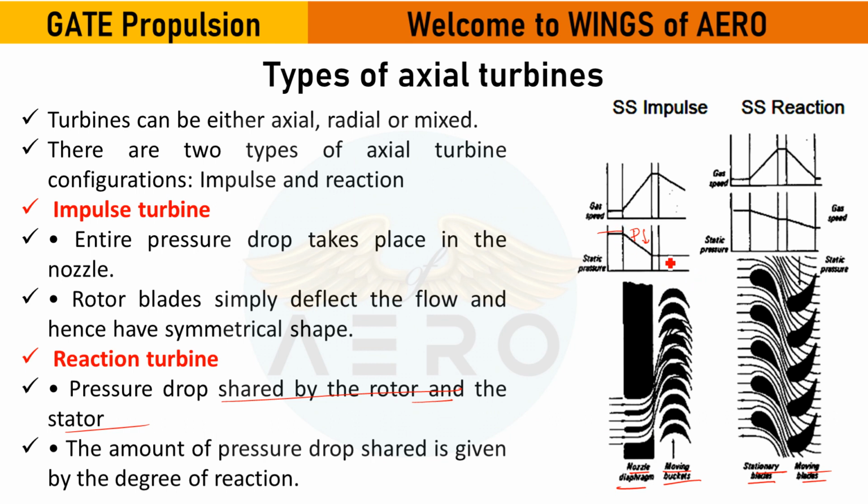After it moves across the rotor, there is no appreciable change; the pressure is almost constant, whatever the outlet pressure that came out from the stator blade. Fine. This is the scenario, and we call it an impulse turbine.